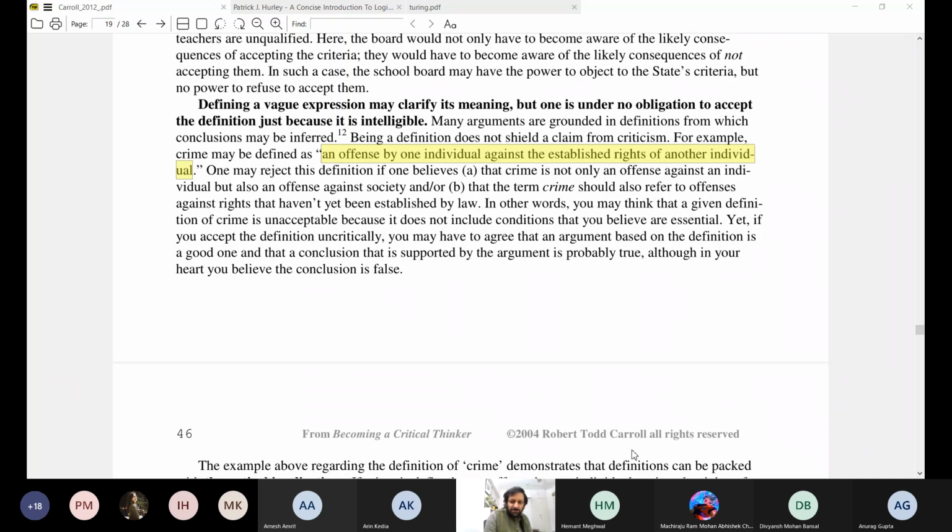Right, so somebody said the managers of Union Carbide have committed a criminal act, and you went and said, "Hey, no, they haven't committed a criminal act because it's defined in this way, it's an offense by one individual against the established rights of another individual. But hey, the law doesn't recognize an established right to a clean environment, so they haven't committed a criminal act."